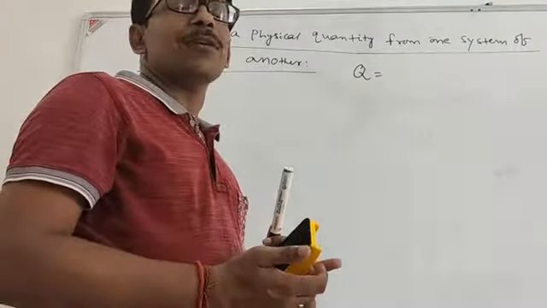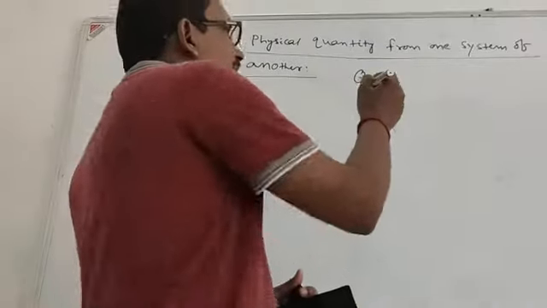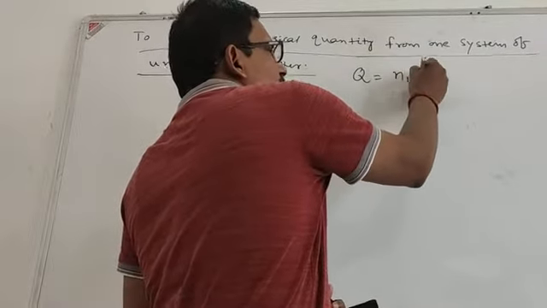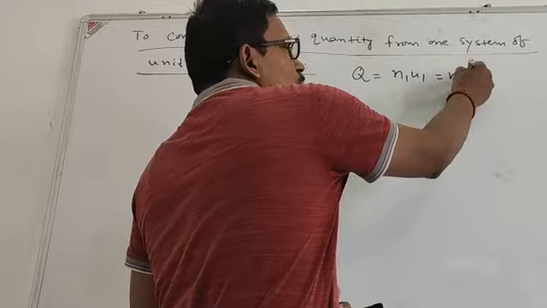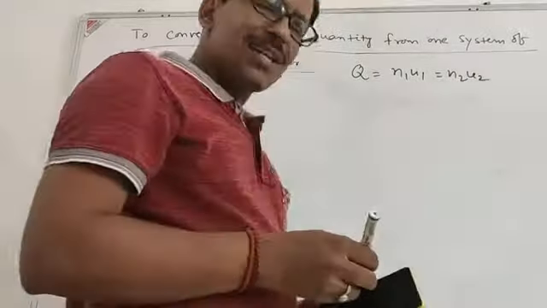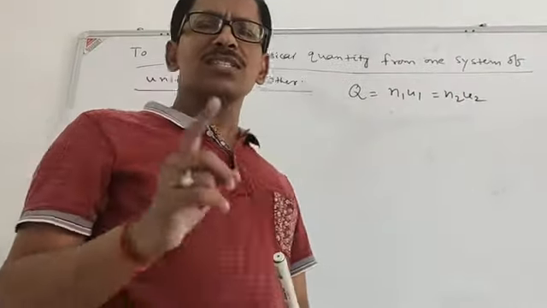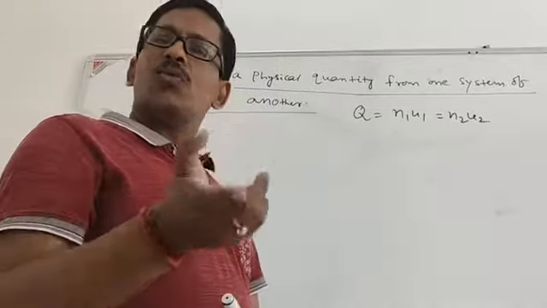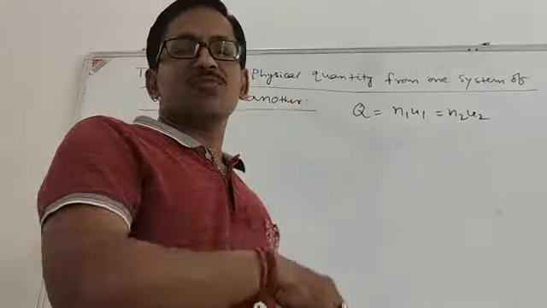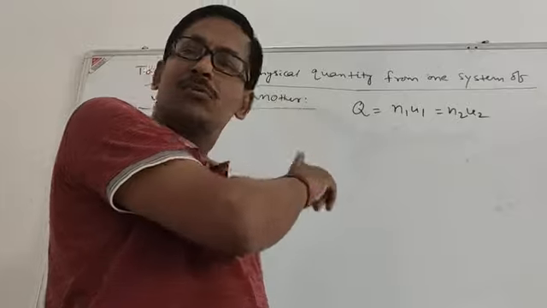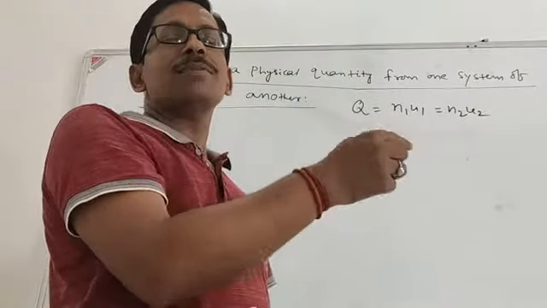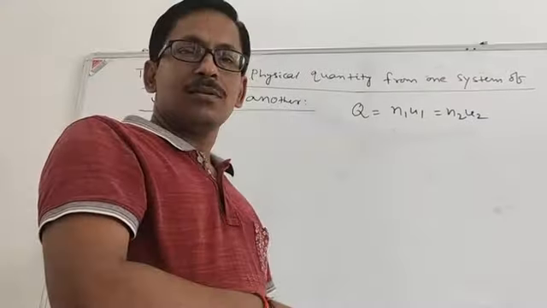So the numerical values will be different. I can write N1 U1 equals N2 U2. N1 is the numerical value in system 1, U1 is the unit in system 1. So physical quantity Q is equal to the numerical value times the unit.